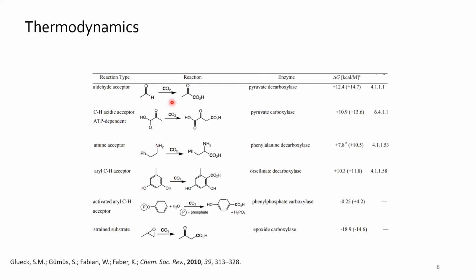If you have an aldehyde or a CH acidic acceptor and the enzyme is ATP dependent, also very endergonic. If you have an amine as well as an aromatic system. If you have, for example, an activated aryl CH acceptor, for example, phenyl phosphate, you have a thermoneutral reaction, and for a substrate which has a strained structure like oxirane, you have a strongly exergonic reaction.